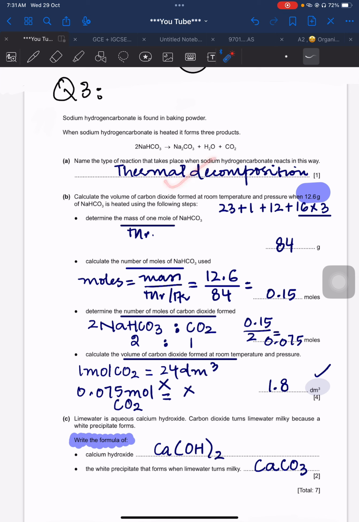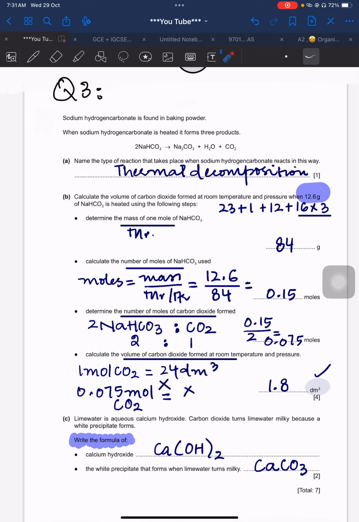Name the type of reaction that takes place when sodium hydrogen carbonate reacts in this way: thermal decomposition.